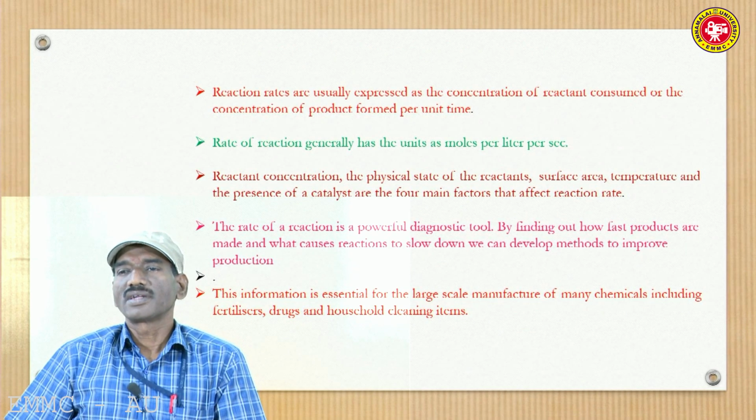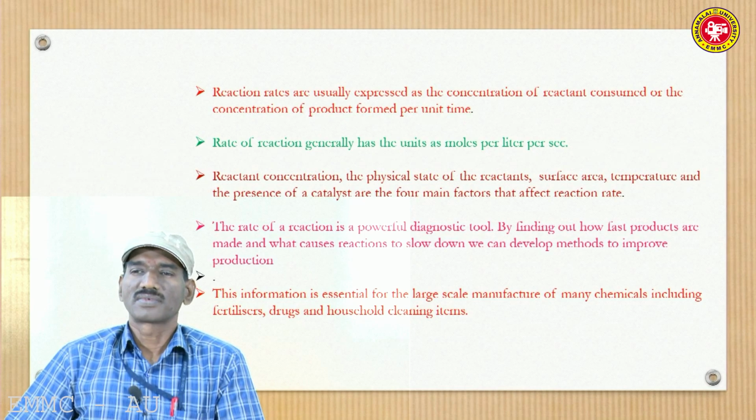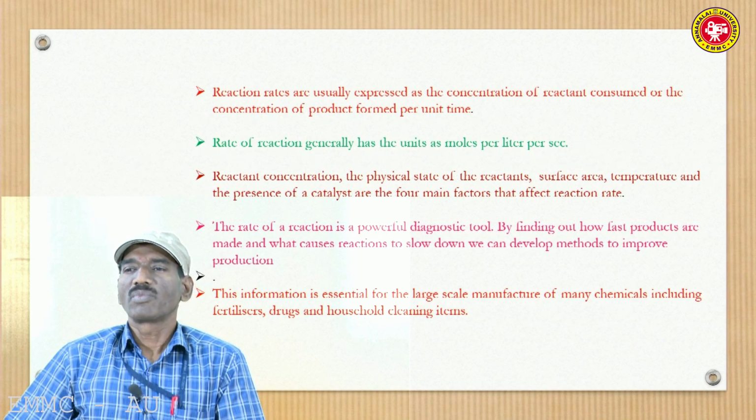The reaction rates are usually expressed as the concentration of reactant consumed or the concentration of product formed per unit time. The rate of reaction generally has the units moles per liter per second. The reactant concentration, the physical state of the reactant, surface area, temperature and the presence of a catalyst are the main factors that affect the reaction rate.